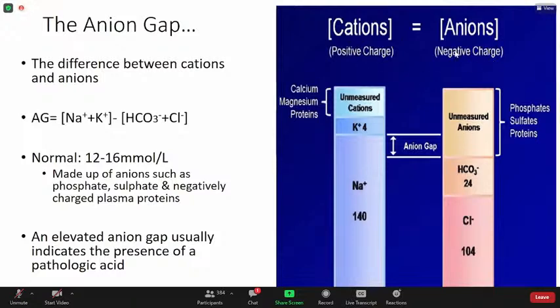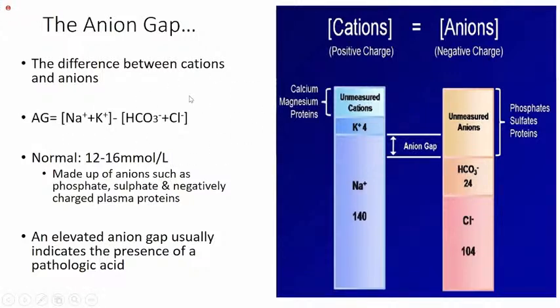So the anion gap is the difference between the major extracellular cations, sodium and potassium, minus the major extracellular anions, bicarbonate and chloride. Basically you take your sodium plus your potassium, then subtract your bicarbonate and chloride. The normal is usually about 12 to 16.